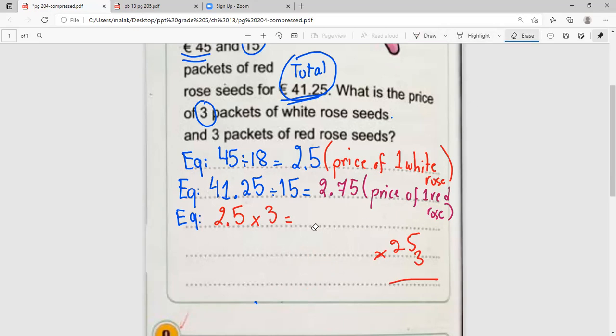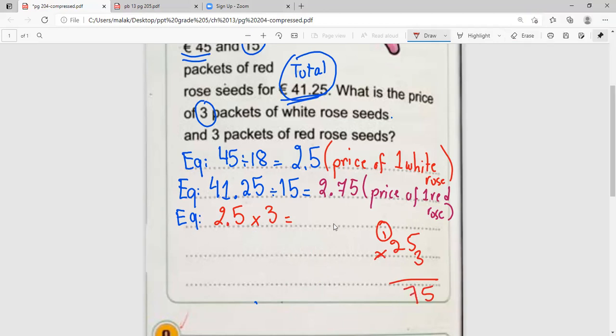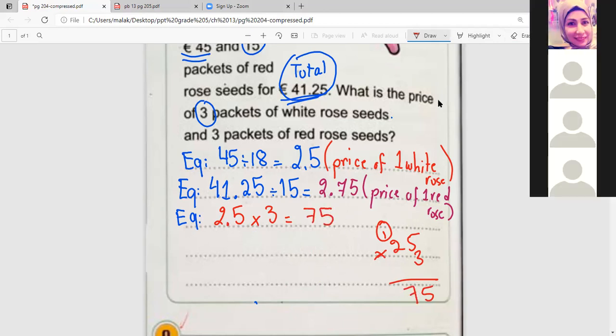Let's multiply. 3 times 5, 15. 3 times 2, 6, and we carry 1, 7. 75. How many digits should I count to place the point? 1. So what is the price of 3 packets of white roses? 7.5. Excellent. So this is the price of 3 packets of white roses.